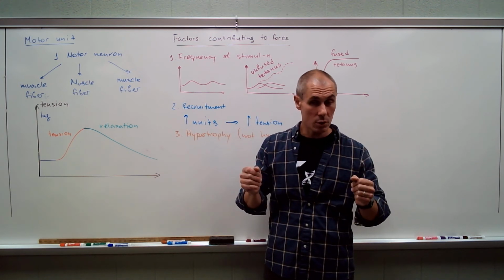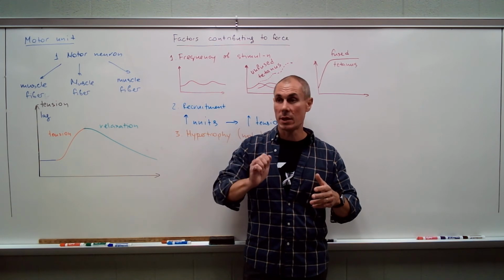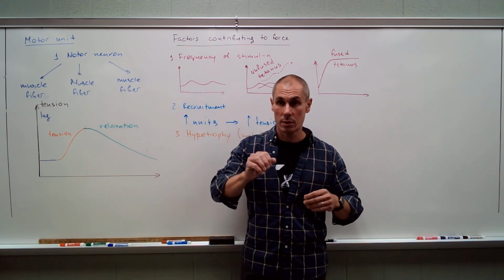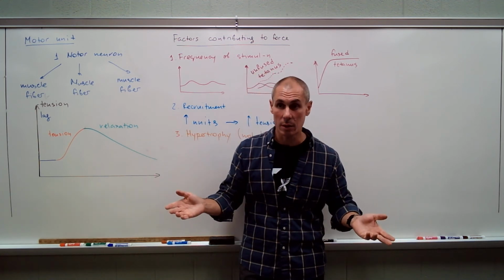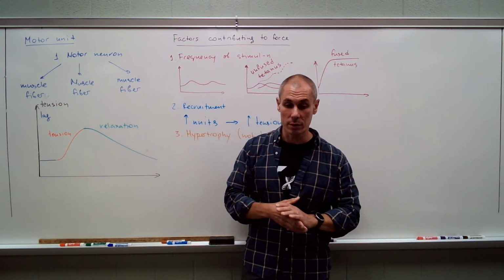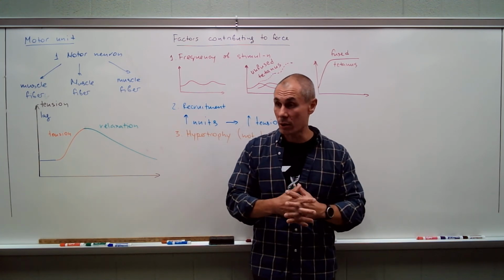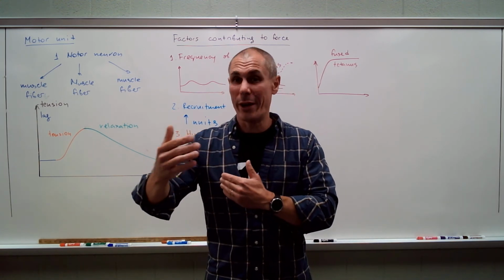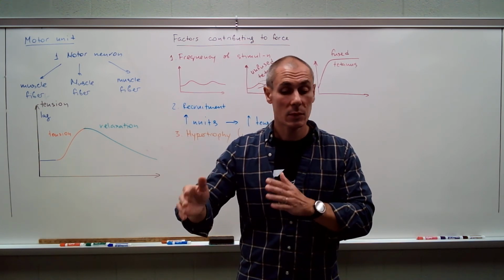Does that make sense? So if you would count the number of cells in that person before bulking and after the bulking, it will be the same. But the size of each individual cell will be different due to the increased number of myofilaments, myofibrils. Does that make sense? Are we clear?